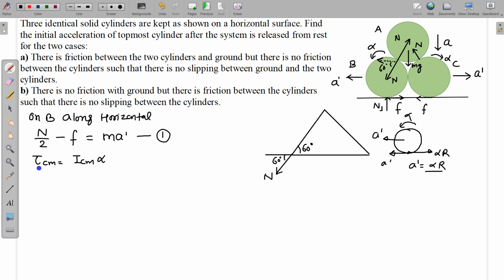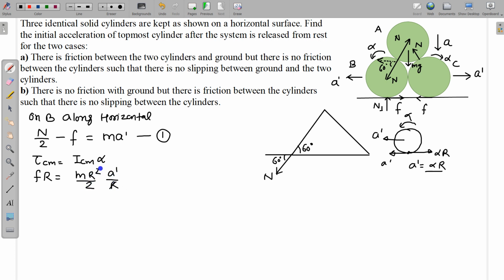So torque about center of mass, which force will produce torque about center of mass? Normal is passing through center of mass, mg is passing through center of mass, and this normal direction N1 is also passing through center of mass. Only friction is producing torque, and this torque is obviously F into r. I about center of mass is m r square by 2, and alpha we can write as a dash by r.